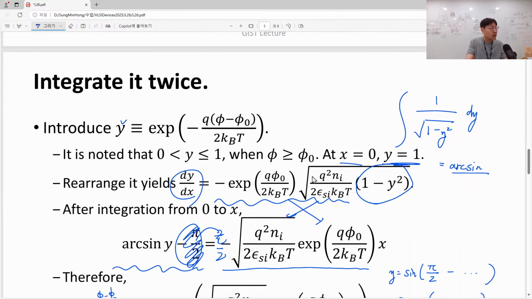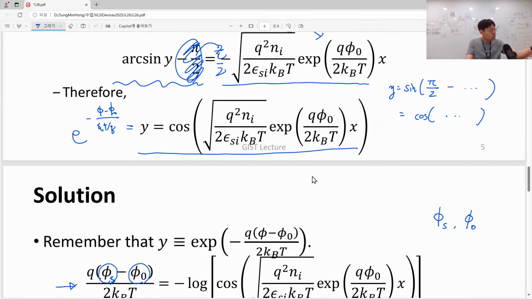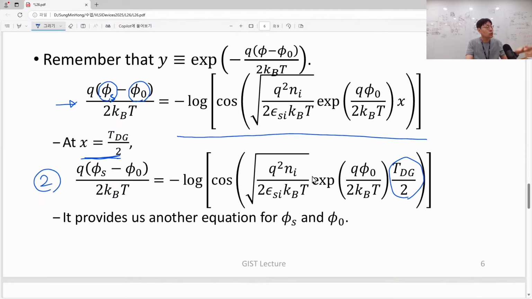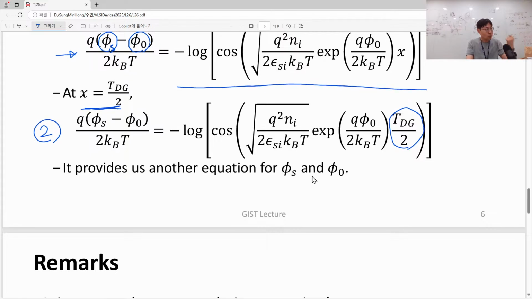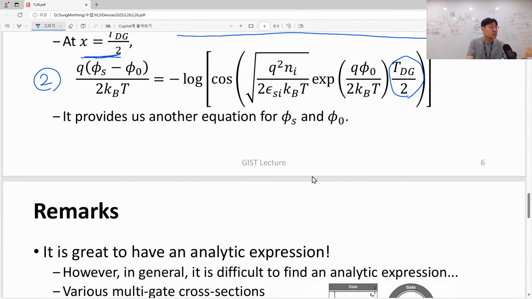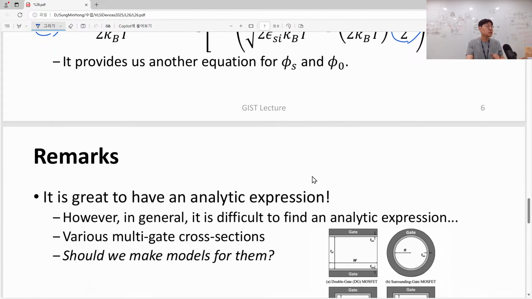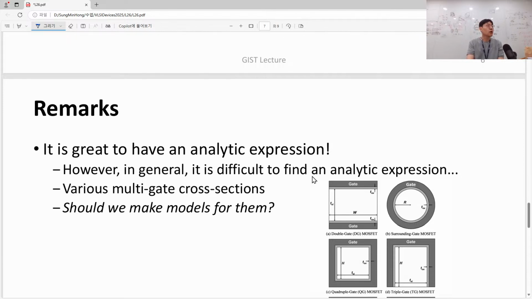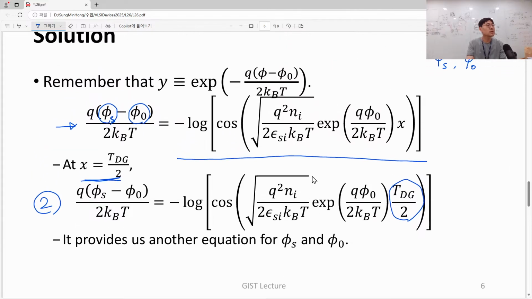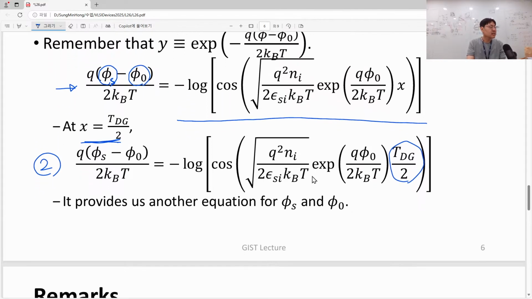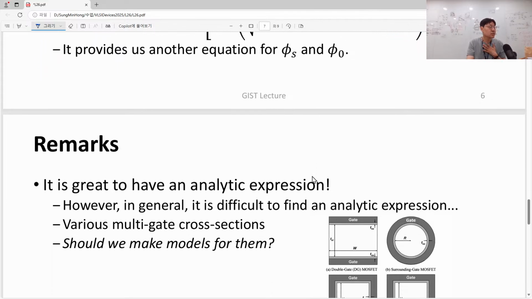Now we can have two equations and two unknown variables, and by solving these equations numerically, we can get the exact value for surface potential and midpoint potential, and that really corresponds to the charge density or integrated charge. Okay, so up to now, I have shown you the exact solution of the double gate MOSFET. That is really amazing, actually, to me.